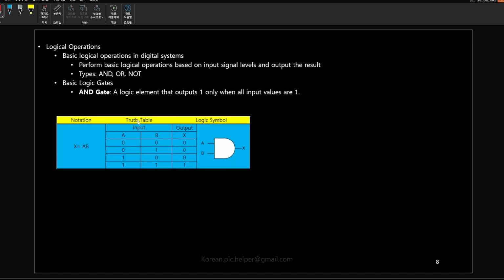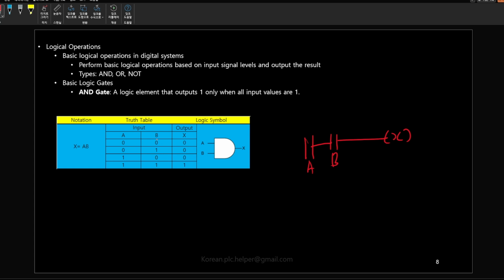Next is the AND gate. The AND gate is a logic component that outputs true only when all input values are true. Notation: it can be represented as X equals A multiplied by B. If you look at the truth table, in a PLC program, A, B, X appears as a serial connection.